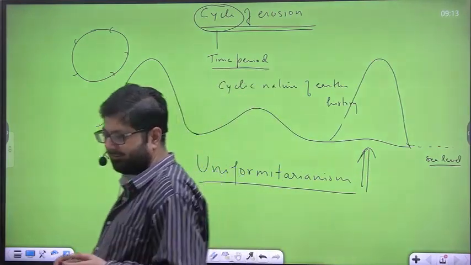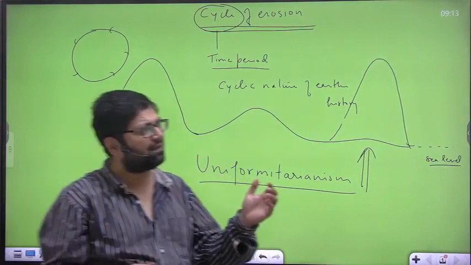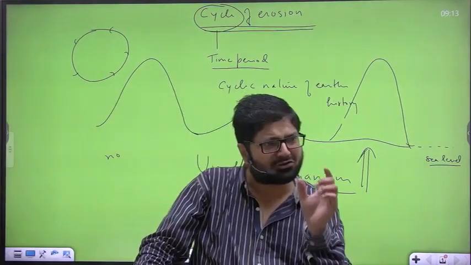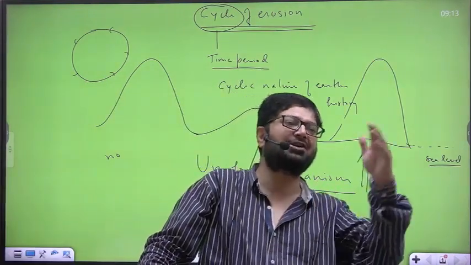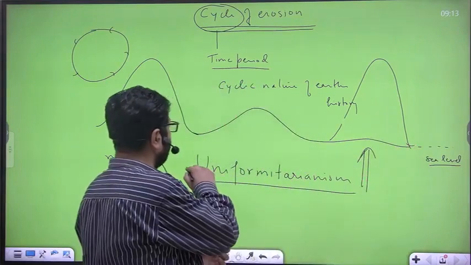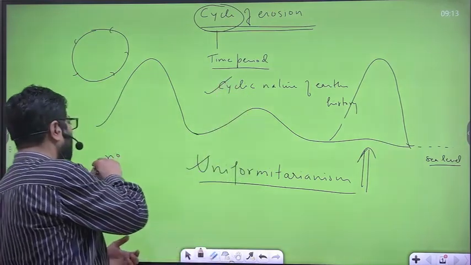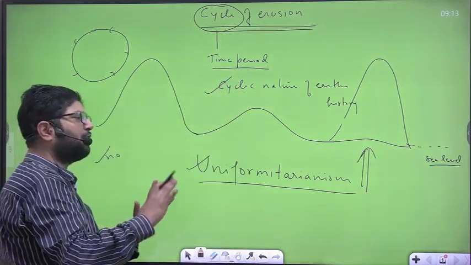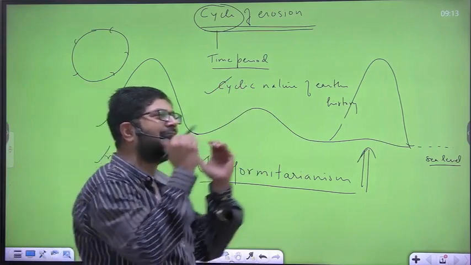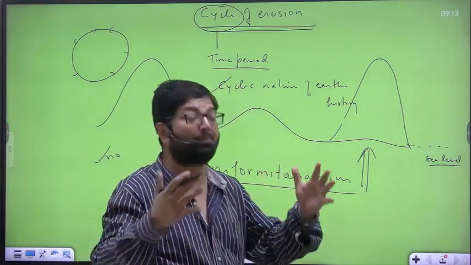And he said, present is the key to the past. If you understand the present processes, you can understand history. He gave the concepts: uniformitarianism, cyclic nature of earth history, no vestige of a beginning, no prospect of an end, and that the present is key to the past.